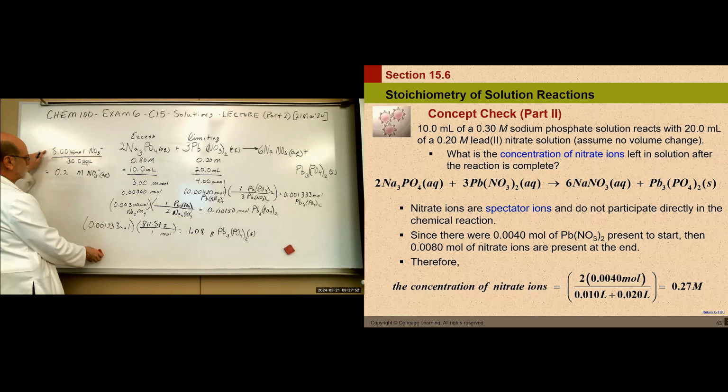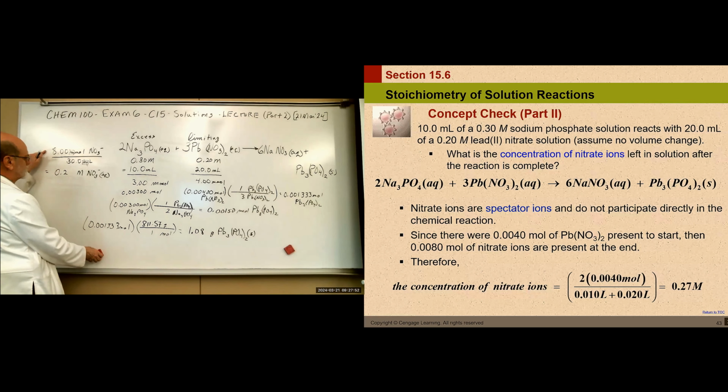All right. Now, here's a little more difficult question. What's the concentration of phosphate ions that remain in solution? Notice, this is the limiting reactant, lead 2 nitrate. All of that lead is going to be consumed in the reaction. But this one is excess.